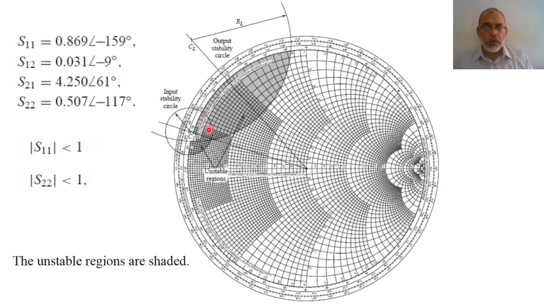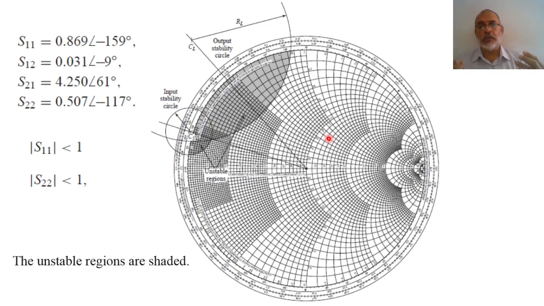The shaded region here corresponds to gamma source which gives an unstable amplifier. Any point outside this shaded region will correspond to gamma source which gives a stable amplifier. So the unstable regions are the shaded regions. This is how to determine the stability condition for the amplifier and the locations of gamma load and gamma source which make this amplifier stable.